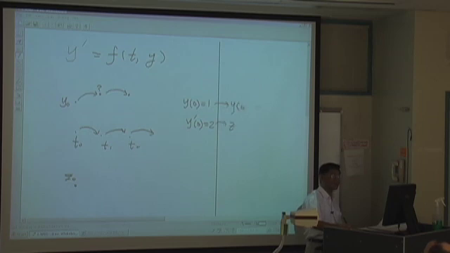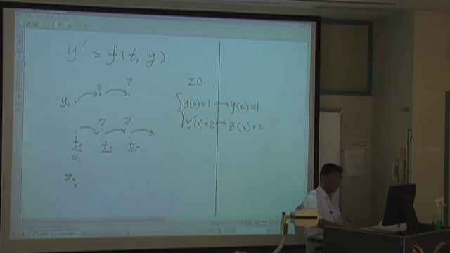Then y of 0 is 1, z of 0 is 2. It's given by the initial condition, right? The initial condition is given by the problem. Then this initial condition is converted to y of 0 equals something, z of 0 equals something. In other words, after this initial condition, we don't know what may happen. We don't increment directly. Only the independent variable t is incremented by us.